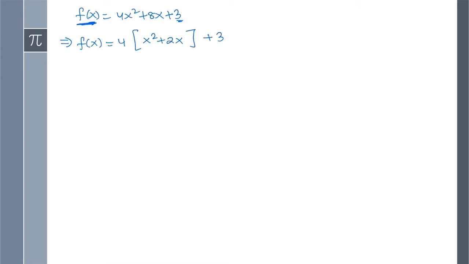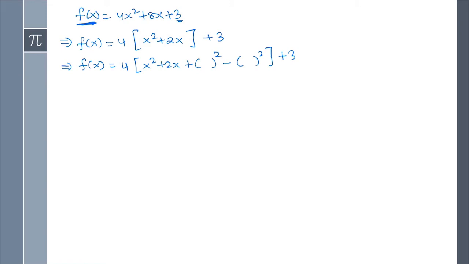Now the next step is to do the completing the square. There's a small trick or technique to do that. We have x squared plus 2x. Now we add a number squared and subtract the same thing, so that we are not changing the value of the function.